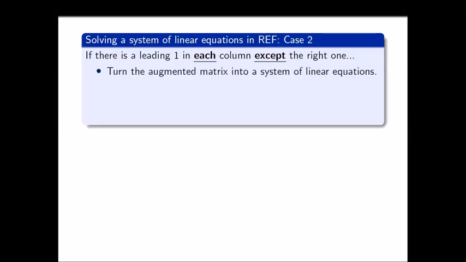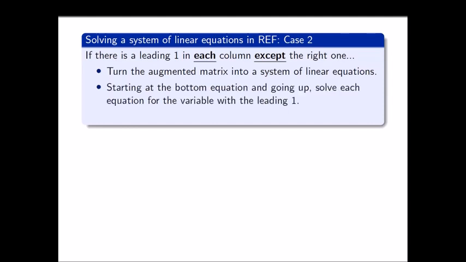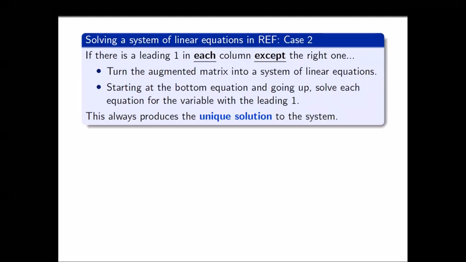So if that is the case, we turn the augmented matrix into a system of linear equations, and we start at the bottom equation, and going up, we solve each equation for the variable with the leading one. An example is going to make this clear in a moment. And this always produces the unique solution to the system. In other words, the system is going to have exactly one solution, and we will find that out algorithmically by the second step.